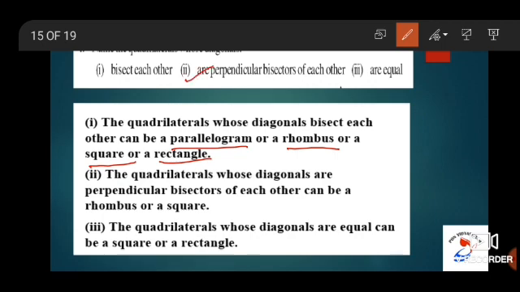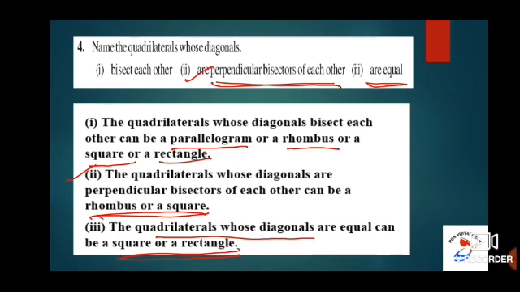Now subdivision 2, perpendicular bisectors of each other. The quadrilateral whose diagonals are perpendicular bisectors of each other can be rhombus or a square. Subdivision 3, are equal. The quadrilateral whose diagonals are equal can be square or a rectangle.